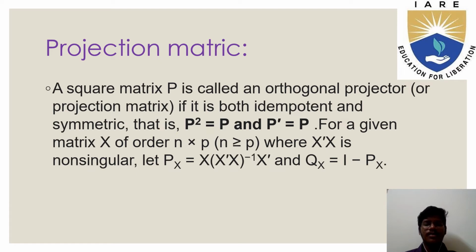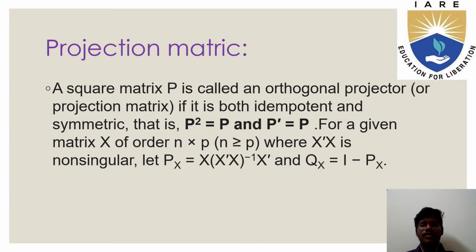For a given matrix X of order n cross p, where n is greater than or equal to p, where X transpose X is non-singular. Non-singular means its determinant is not equal to 0.